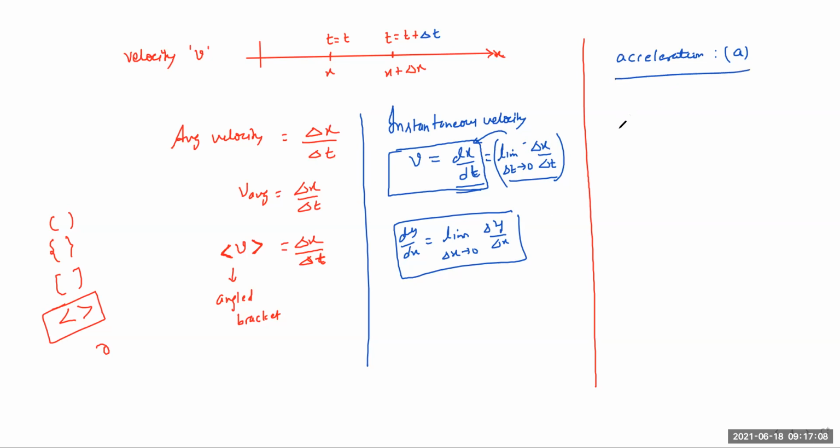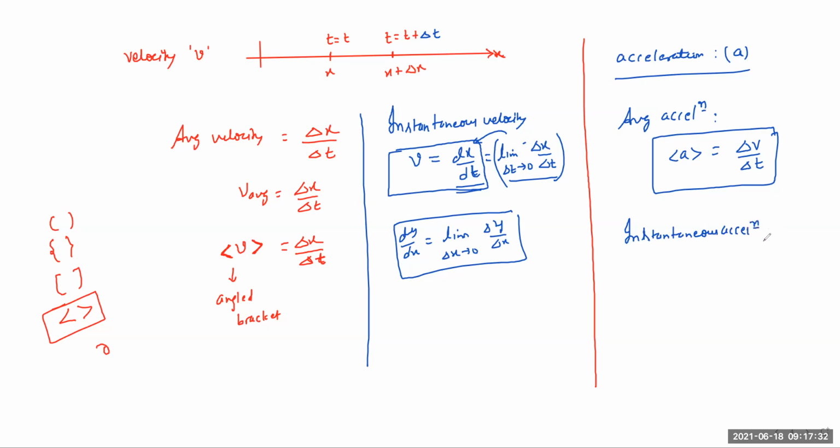If I say average acceleration, what is average acceleration? Delta v by delta t. Correct. It's called the rate of change of velocity, so you can write delta v by delta t. But if I ask you what is the instantaneous acceleration, dv by dt. Very good.